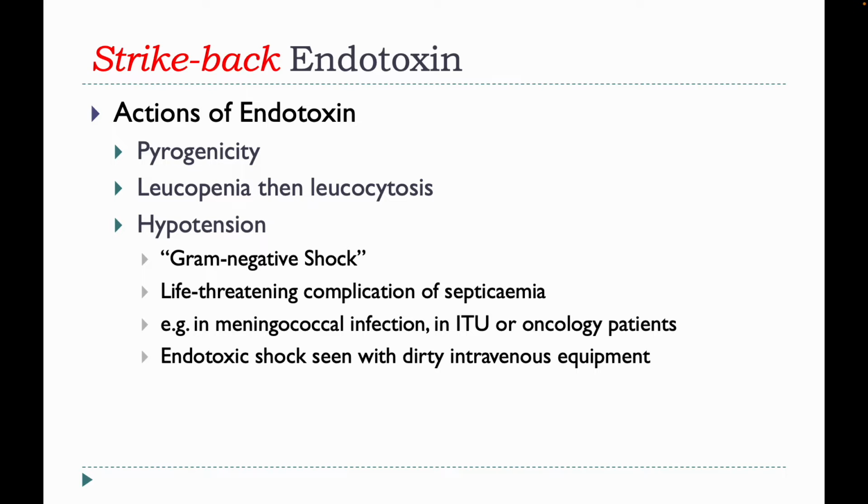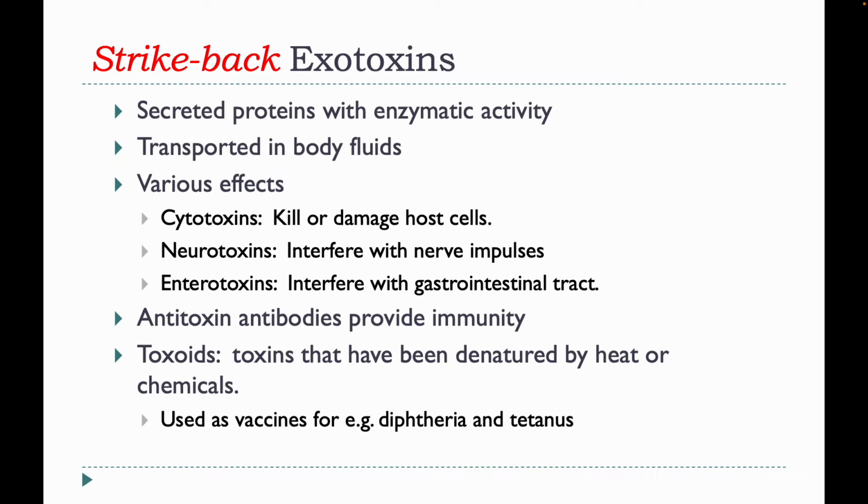You'd run in some saline, and instead of doing the patients good, you'd actually make things worse. And this is a key point when we're dealing with septicemia with gram-negatives, that the patients go into this kind of shock.